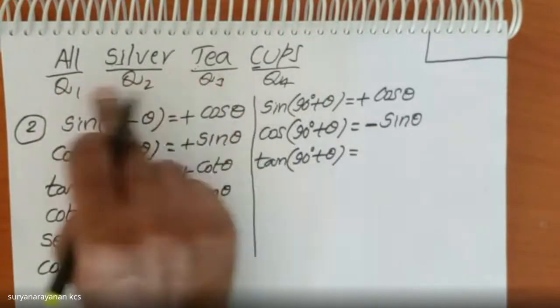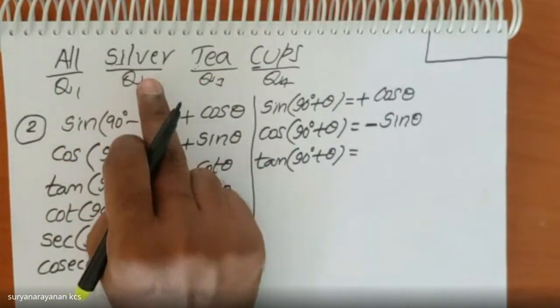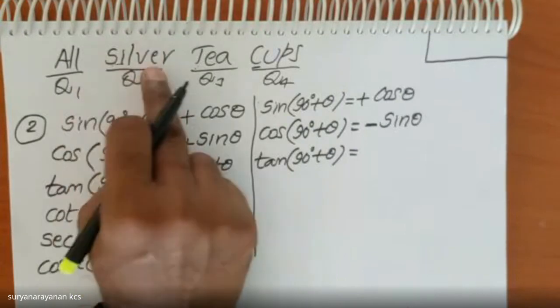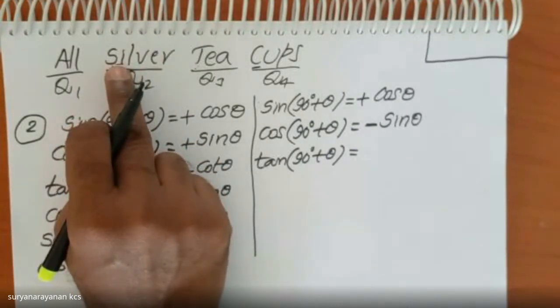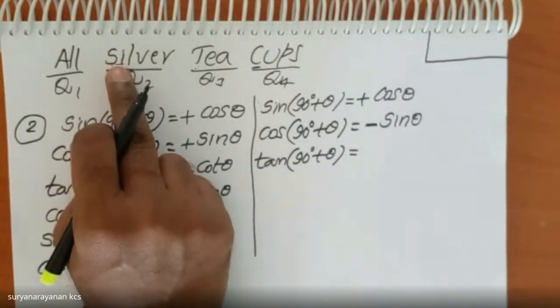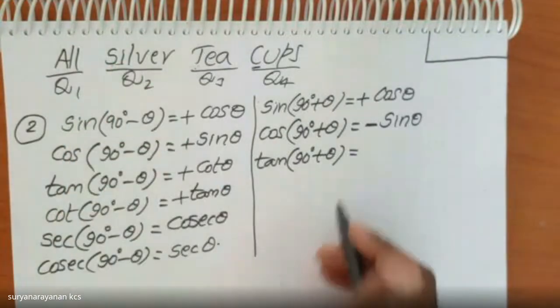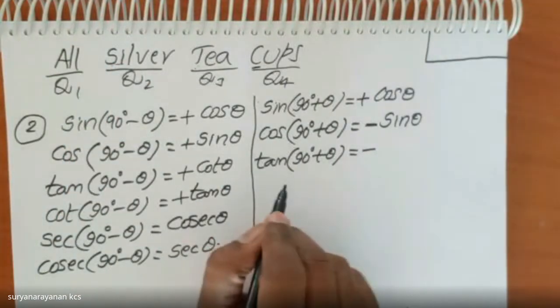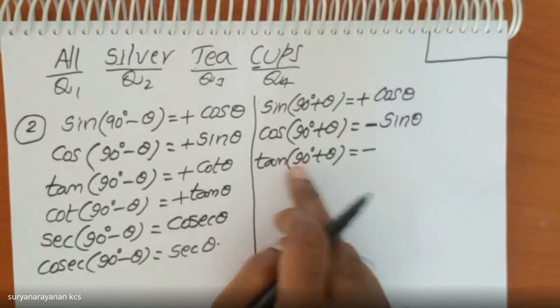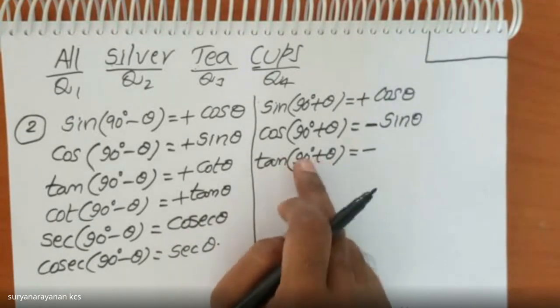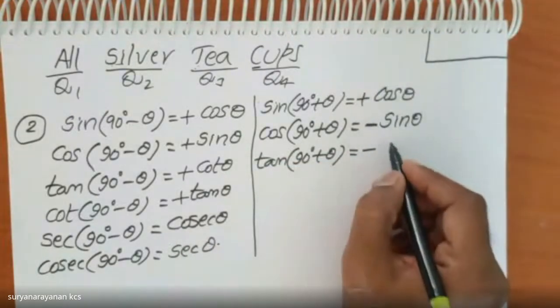Just by seeing this figure, you can identify tan is negative in the second quadrant. Only sine and its reciprocal cosecant are positive and the remaining are negative. So keep a negative sign here. 90 plus theta is a combination of 90 degrees, so tan changes to cot.